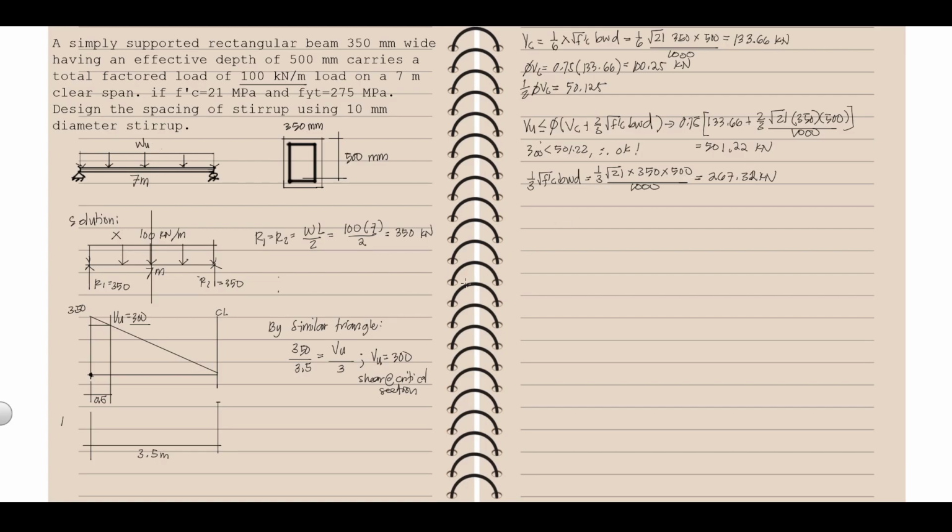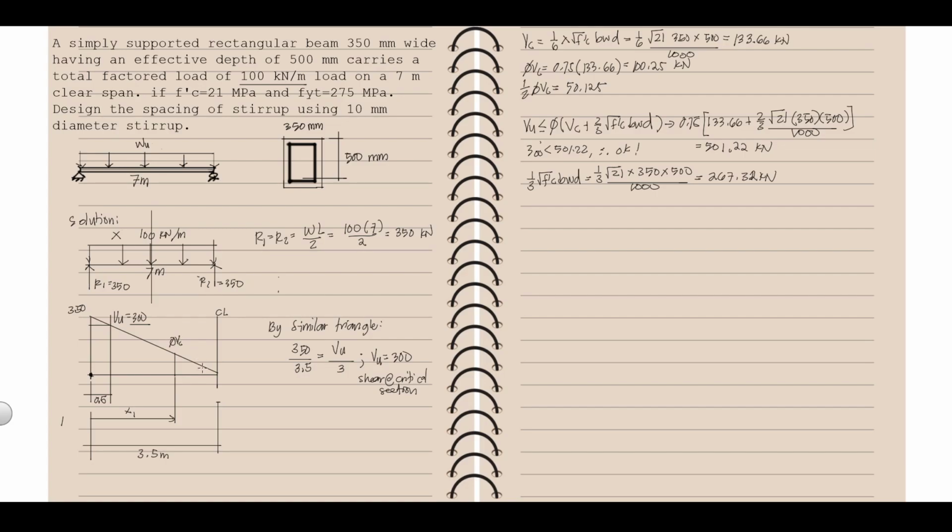Right? So, balik tayo dito sa figure. Okay, sa figure natin, as you can see, ito sa shear diagram, at certain point dito sa shear natin, magkakaroon yung value, yung VU natin will have the same value as the VC. Okay, at a certain point dito sa ating diagram. So, let's say at x1, from the face of the support, magkakaroon tayo ng value of our shear that's equal to the phi VC.